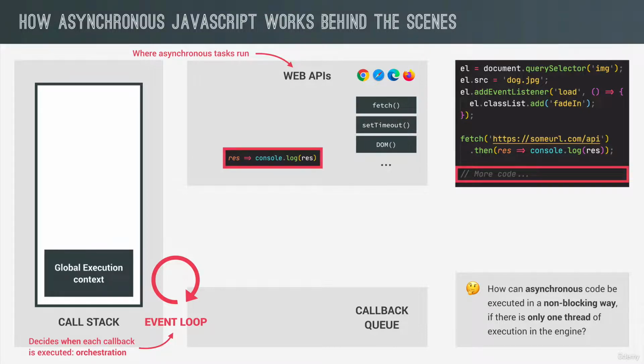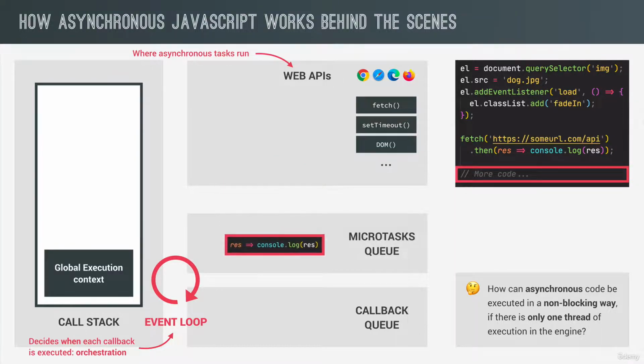Now, callbacks related to promises, like this one that we registered with the promises then method, do actually not go into the callback queue. So again, this callback that we still have here, which is coming from a promise, will not be moved into the callback queue. Instead, callbacks of promises have a special queue for themselves, which is the so-called microtasks queue.